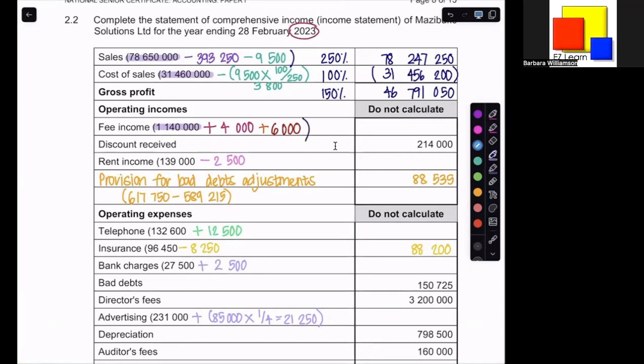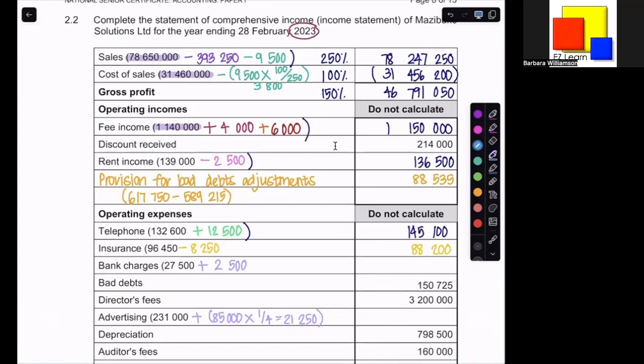Your fee income should give you a total of 1,150,000. Your rent income comes out as 136,500. Your provision for bad debts adjustment has already been shown. Telephone 145,100.